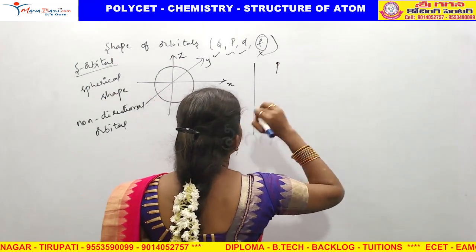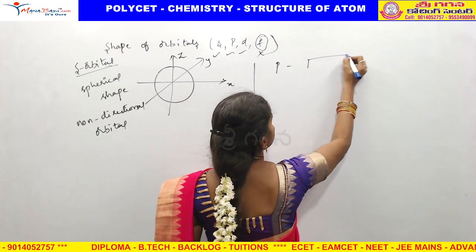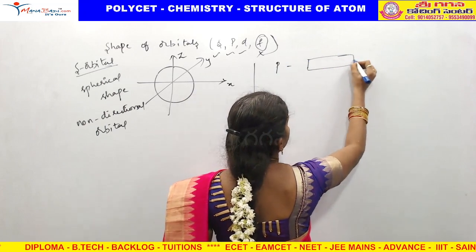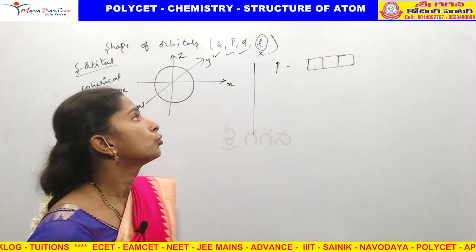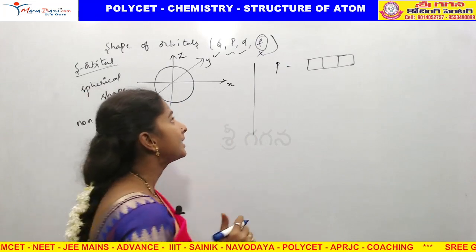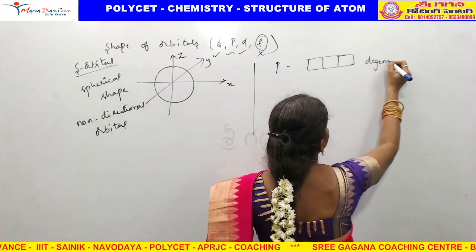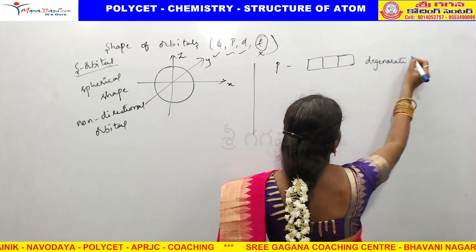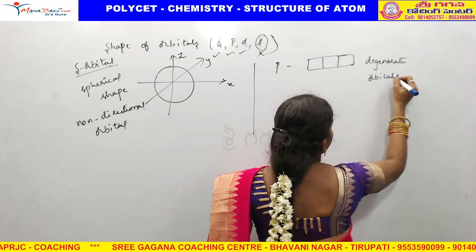Come to the p orbital. According to the m value, the p orbital has 3 suborbitals. These 3 suborbitals are called degenerate orbitals.